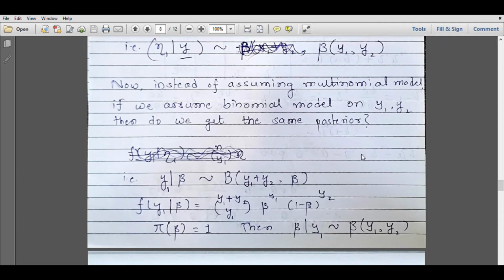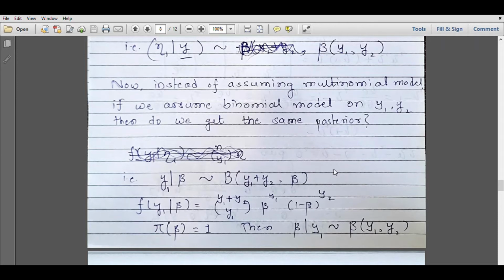So this example is helping us make a major policy decision: if we are dealing with a multinomial model and the parameter of interest involves only a sum of the cells from the multinomial model, then the model can be reduced to a smaller dimensional model. How it is done is illustrated through this example.